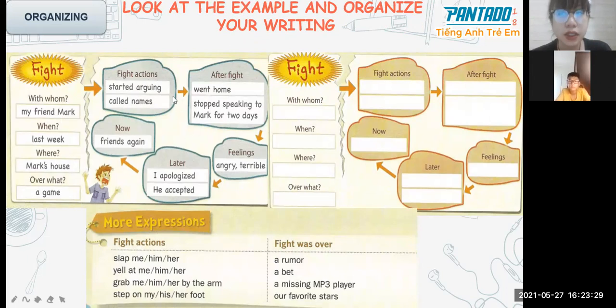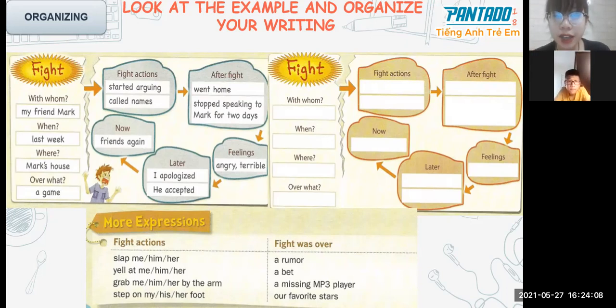We have the person that you fight with, for example, my friend Mark, and then the time when, last week, the place where, and over what, a game. Thus, they are the general ideas that you need to include in your writing: a person you fight with, the time, the place, and the reason.